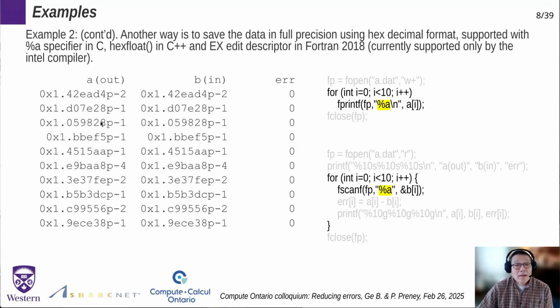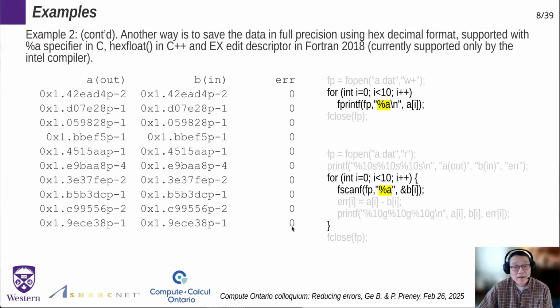Okay, and we generate the data A, and then we write A out in the hexadecimal format, and then we read the data back into array B, again in the hexadecimal format, and then we compute the error, and we print them out side by side.